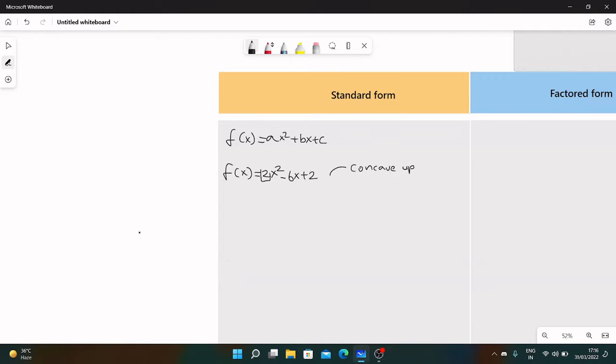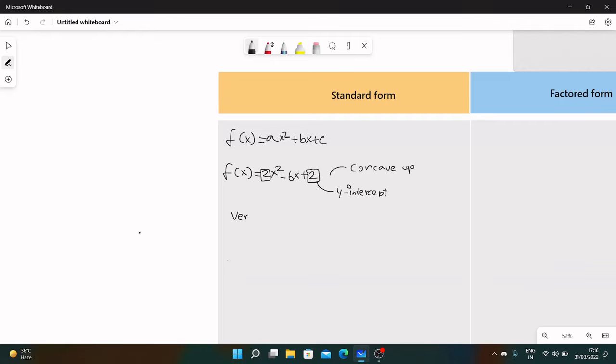We know that the a value tells us concave up or down, and the constant c value tells us the y-intercept. The c value is the y-intercept itself. So these are two values that we can understand just by looking at a quadratic function in the standard form.